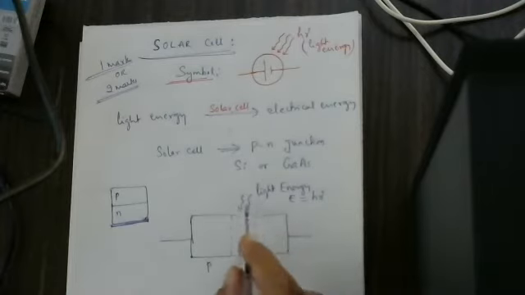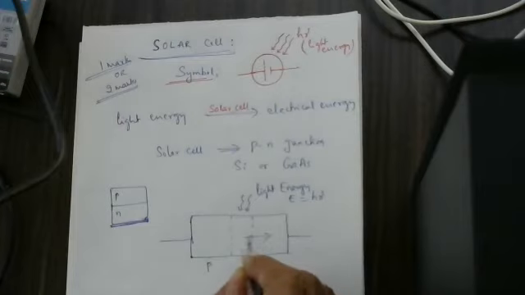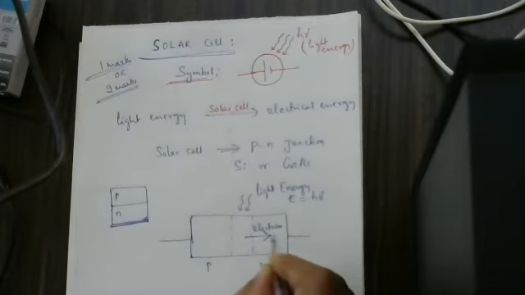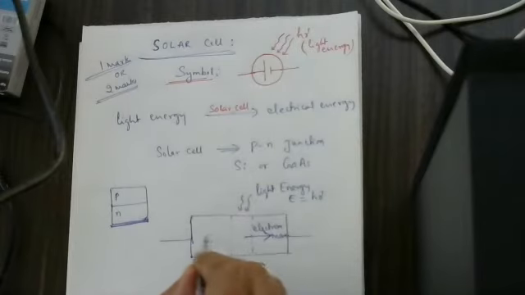As the light energy is incident on the PN junction, more covalent bonds are breaking up. It produces more electron hole pairs. Electrons start to move like this, and holes are moving like this.